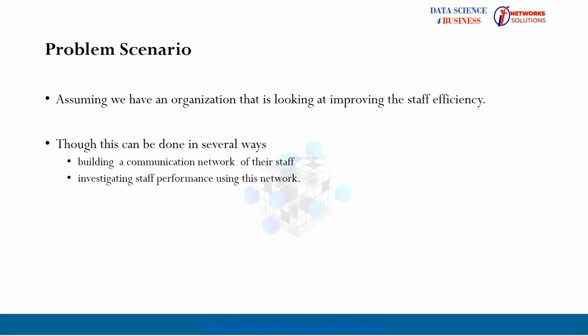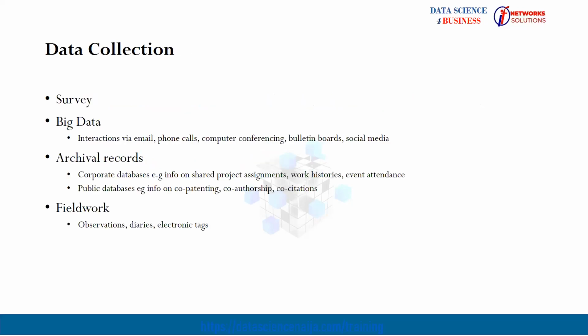And it's not only communication, there might be other kinds of network that they might want to create, and that will determine the kind of data they are going to collect. They want to build a communication network of their staff and use that to investigate staff performance. That is possible, and that is what we want to look at today.